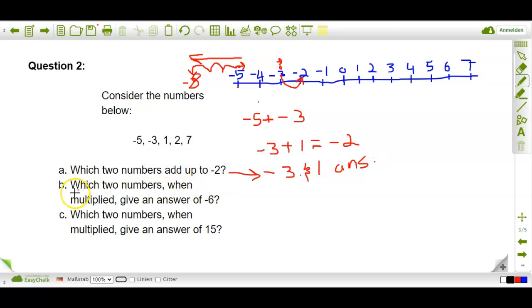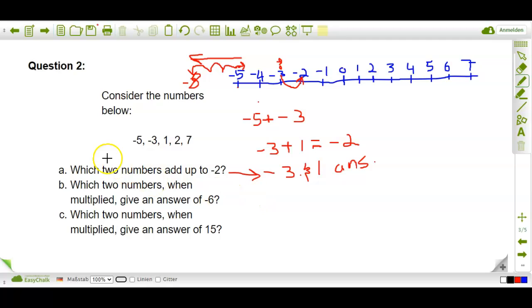Good. The second part of the question asks which two numbers, when multiplied, give an answer of -6. Now, right off the top, we know that the only two pairs of numbers that would give us 6 when we multiply them would be 3 and 2, and 1 and 6.